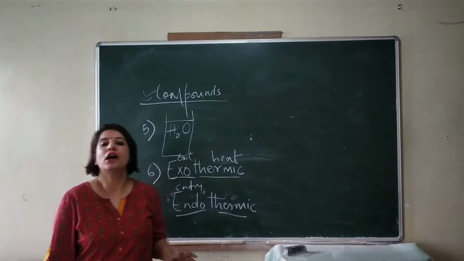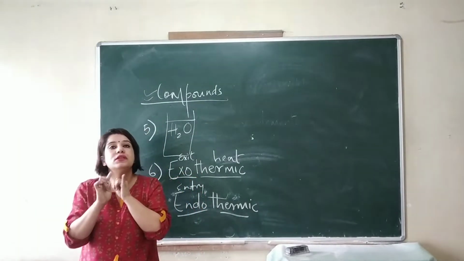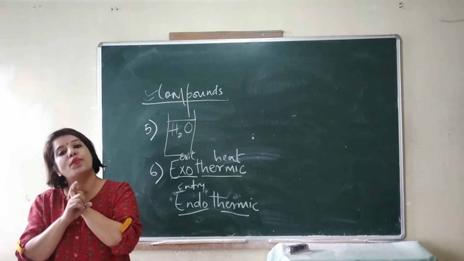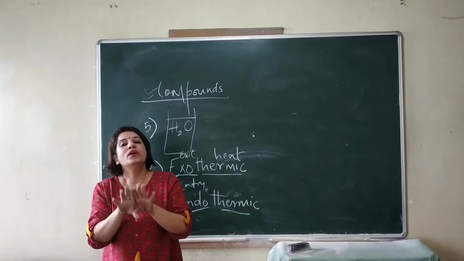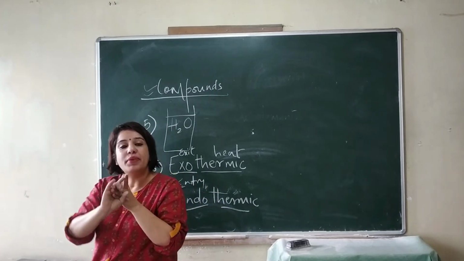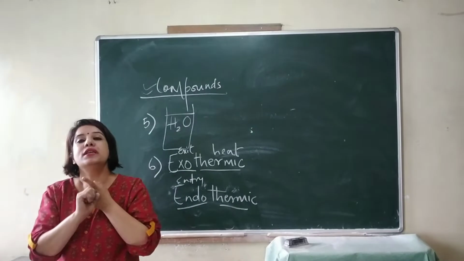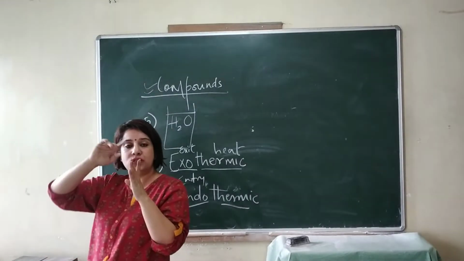So let's discuss compounds again. Number one, a compound is formed by two or more elements. Number two, the elements are always combined in a fixed ratio. Number three, a compound is homogeneous, that means it is the same throughout.